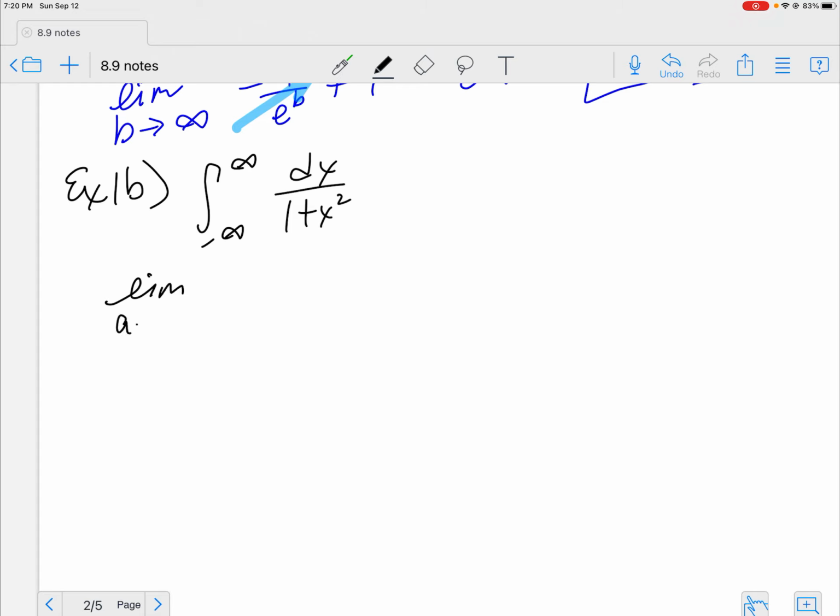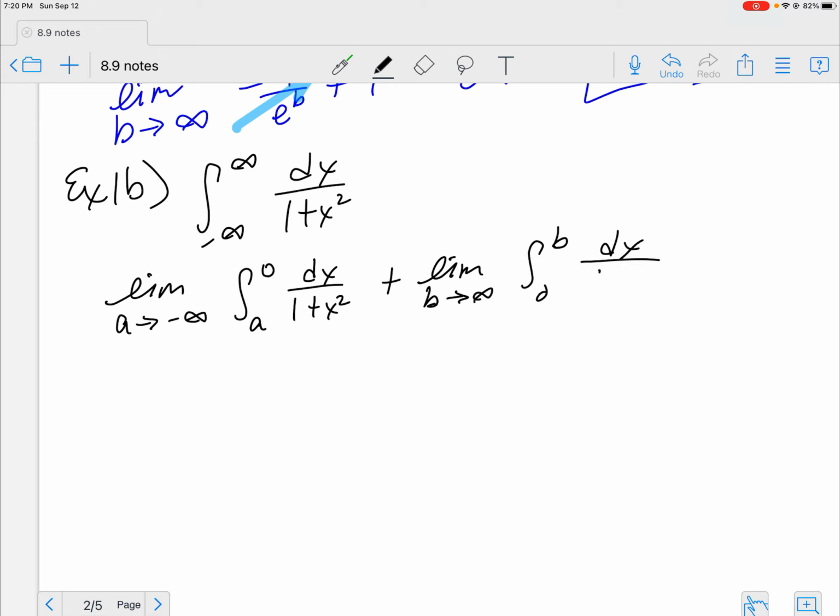I'm going to take the limit as a approaches negative infinity of a, and I'm choosing my c value here to be 0 because it's easy. So don't forget your dx, plus, and then I'm going to take the limit as b approaches positive infinity, and I'm going to go from 0 to b of the exact same thing. Now, I could write this, if it helps you and makes you feel better, to do that.